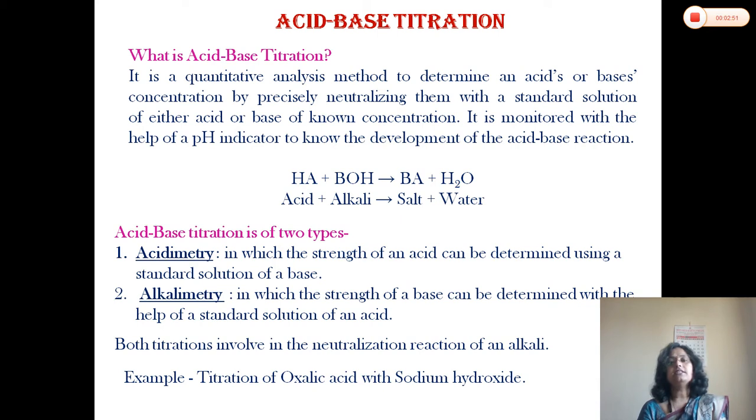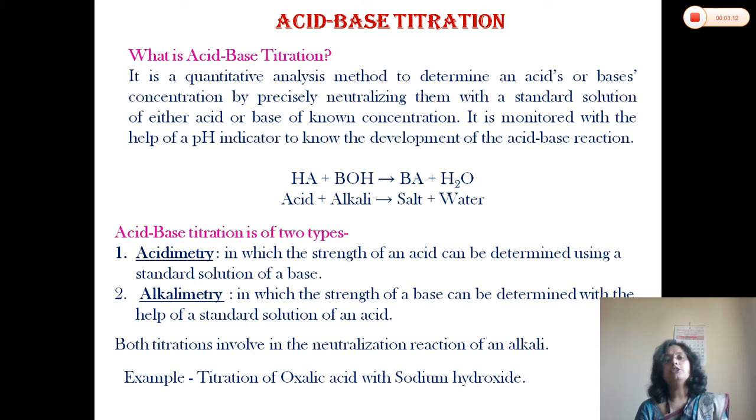It is a titration where we determine the concentration of an unknown acid with the help of a base of known concentration, or vice versa. We can determine the concentration of the base by using an acid solution of known concentration. So basically this is a neutralization reaction.